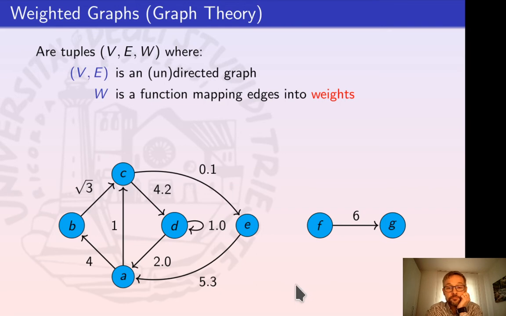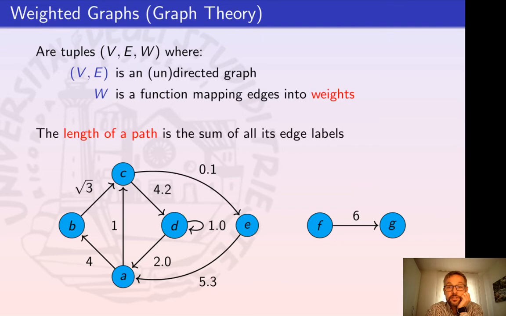So now, by using this new notion of weighted graph, we may also need to change the notion of length of the path. So in the standard graph, the length of the path is the number of edges involved in the path itself.